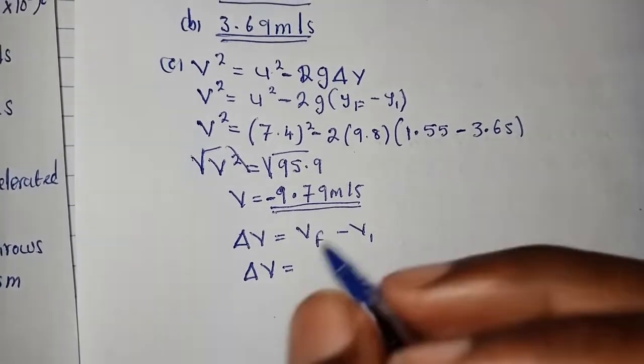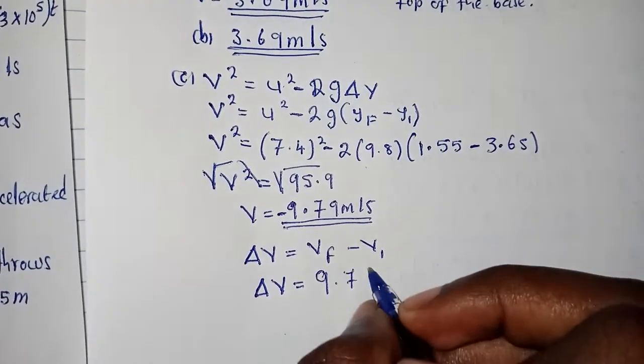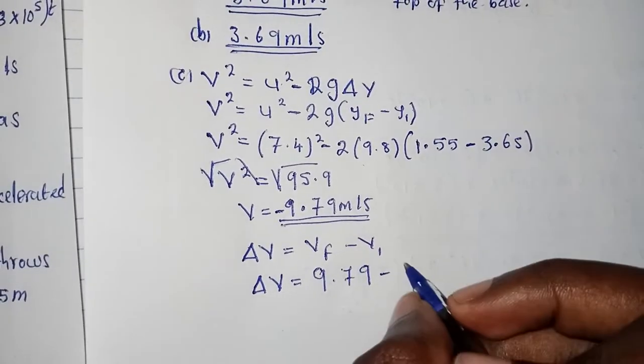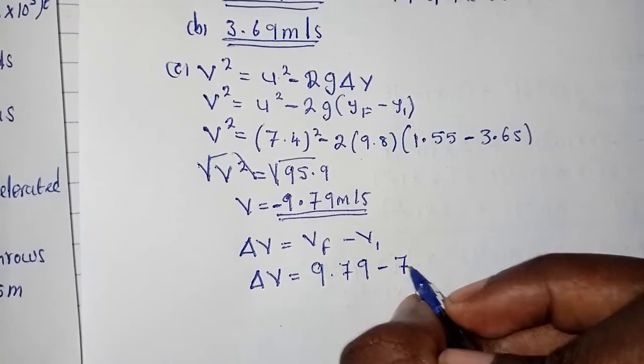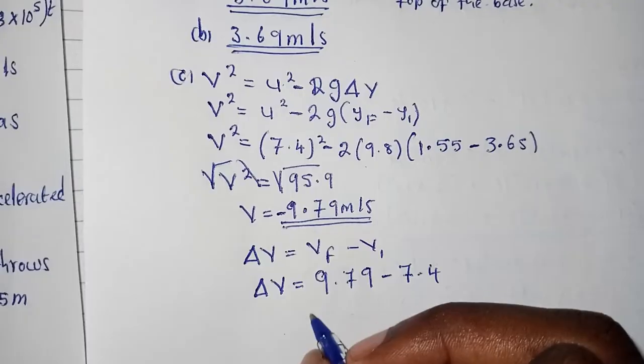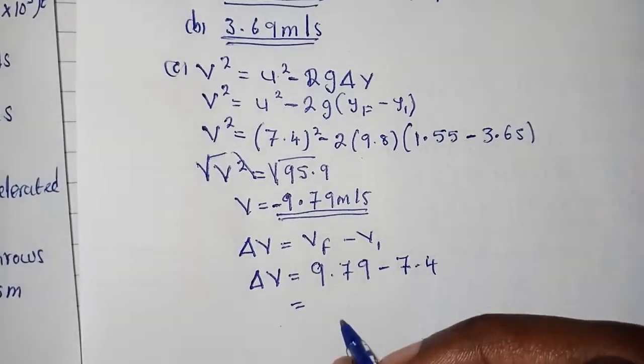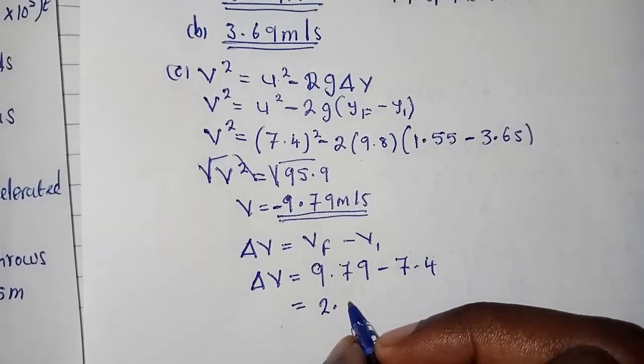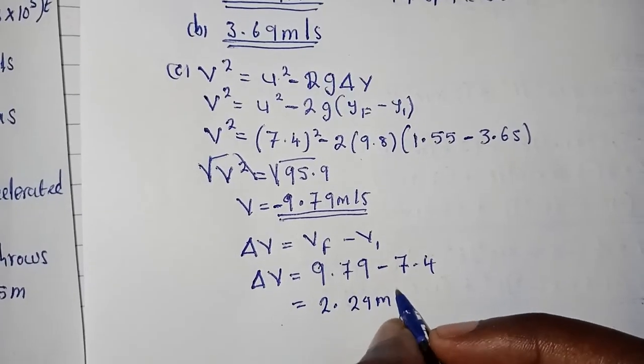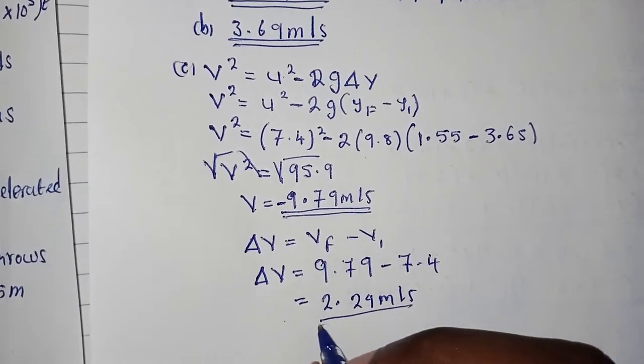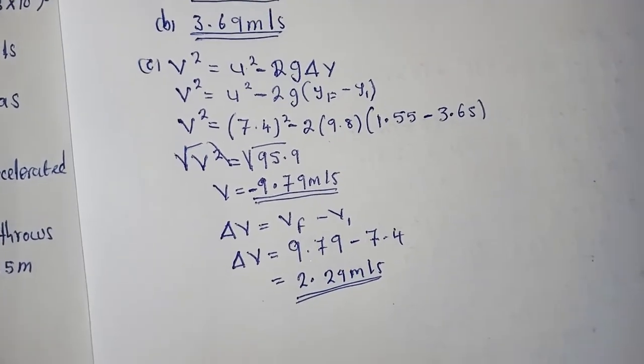Of course, we found 9.79, minus the initial, which was 7.4, and our answer is going to be 2.29 meters per second. That's the answer.